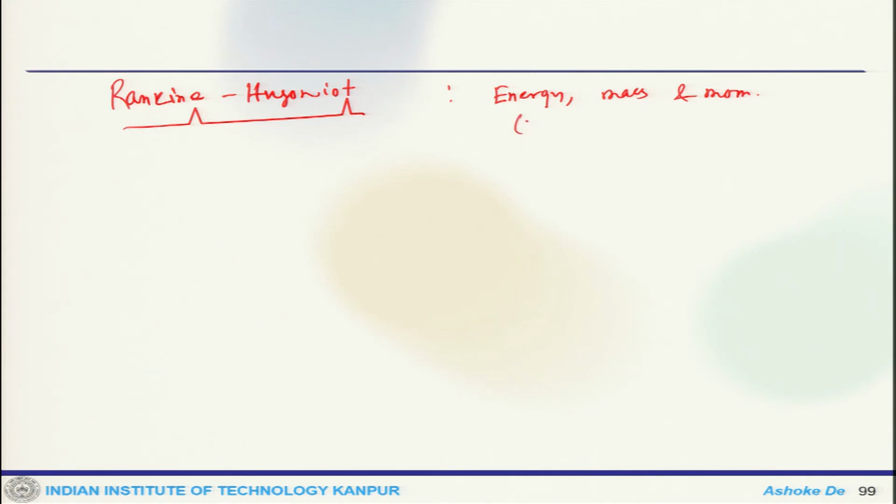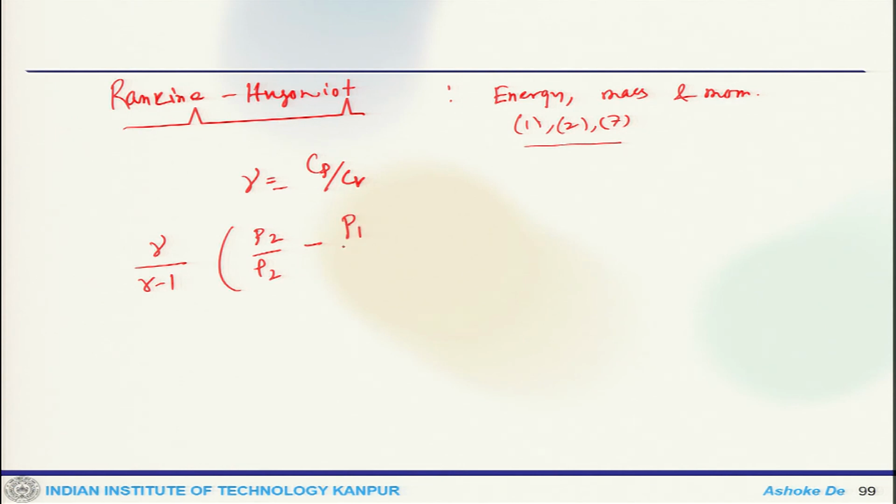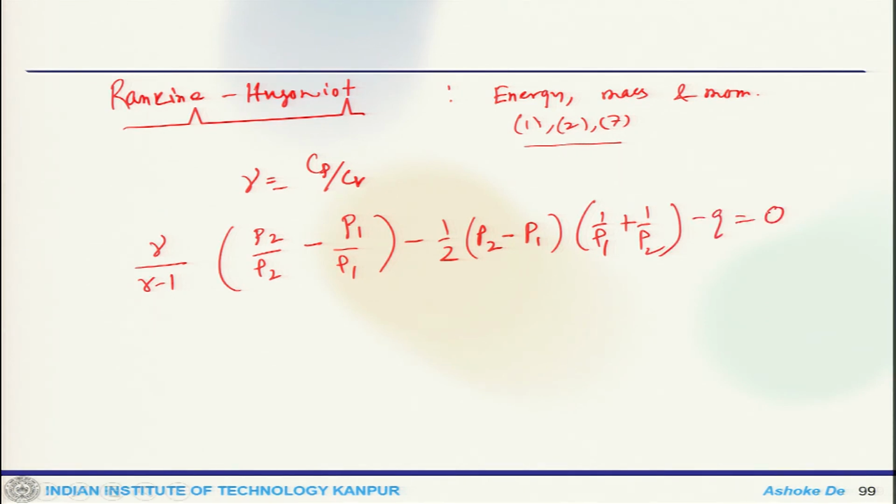Along with the ideal gas relation, where gamma equals Cp by Cv, and combining all this, we can get the expression: gamma by gamma minus 1 into P2 by rho 2 minus P1 by rho 1, minus half into P2 minus P1 into 1 by rho 1 plus 1 by rho 2, minus Q equals 0.